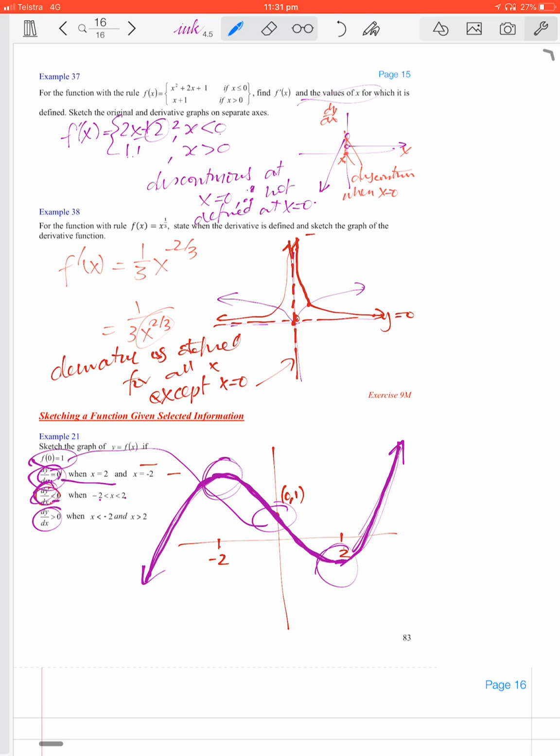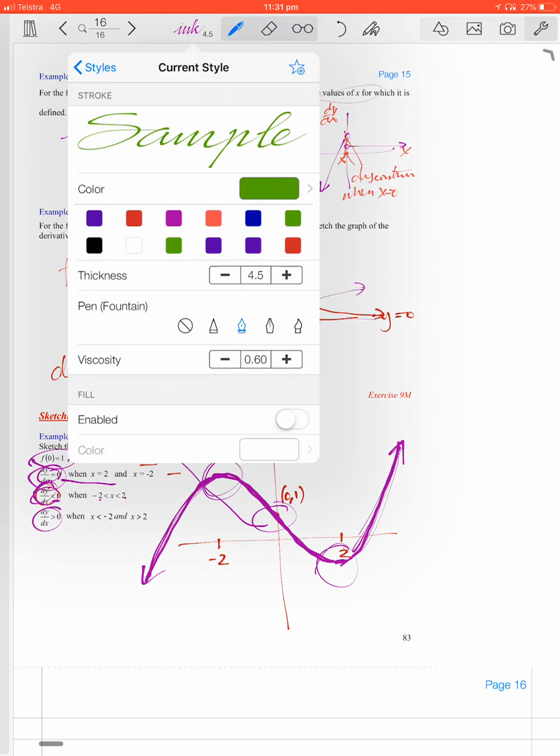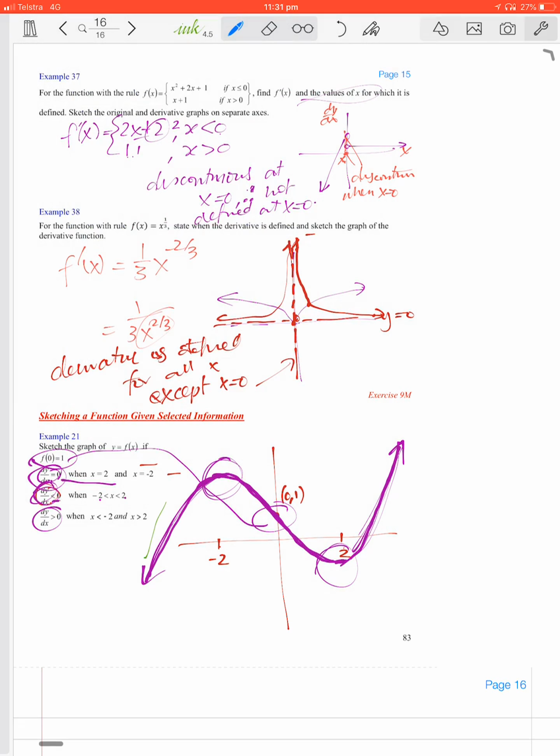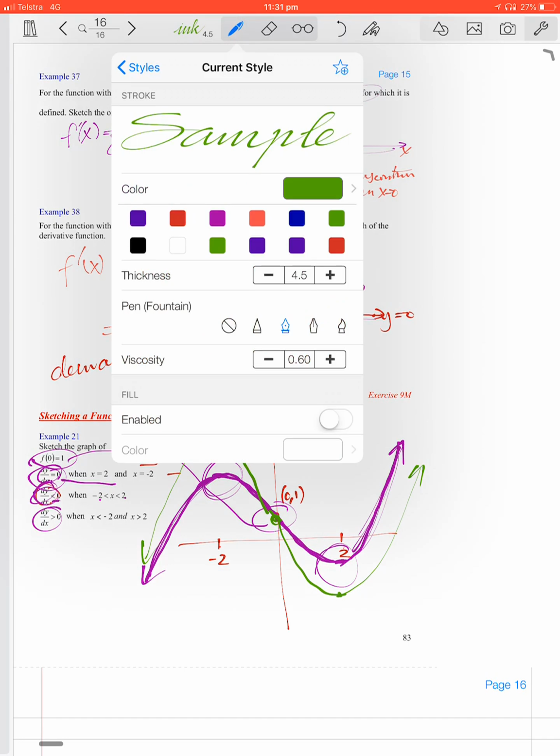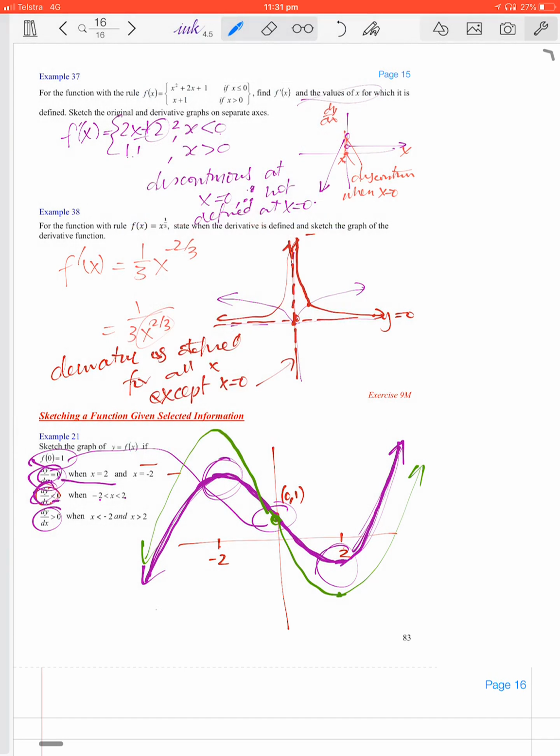Now you might say, oh, hang on a sec, we don't know what these turning points are. Well, it doesn't tell us. So basically, you could have any curve. You could also have a curve that goes up like this, as long as it goes through there, and as long as it has a turning point at 2, they can't mark it wrong. You could also, if you wanted to, go up like that, go through there, down like that. That's also right.